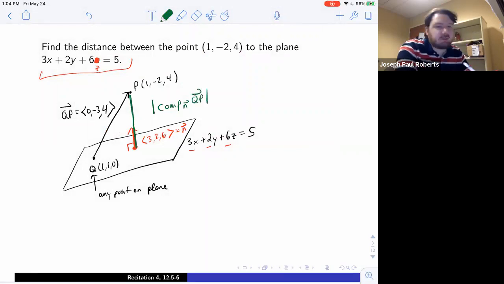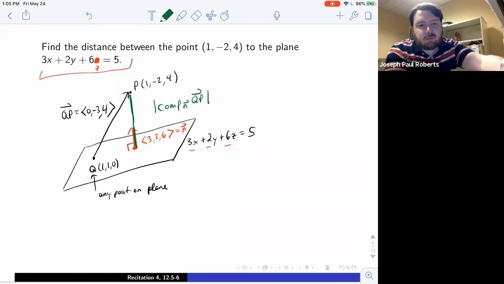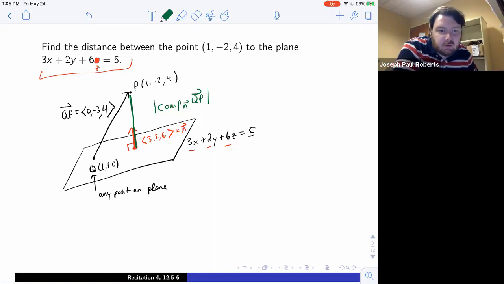So scalar projection is basically the length of the vector projection, but the scalar projection can be negative if the vectors make an obtuse angle. And so yeah, if this ends up being positive, then that is the distance, but in case this picture is actually flipped and they make an obtuse angle with each other, we'll just take the absolute value to make sure that we get a positive answer for this distance.